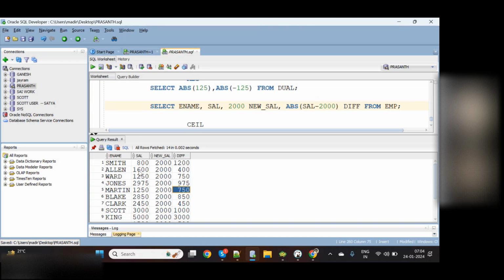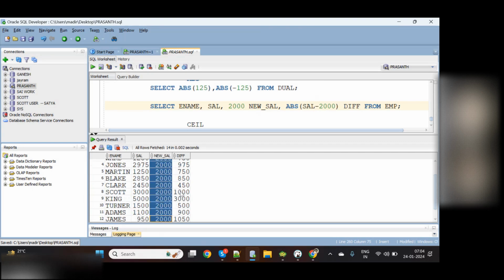Got it? So what is the difference between these two salaries? Whether it is negative also, it does not matter. If it is 450, that means plus 450, but the difference is 450, I want. That's all. Got it? Okay. Simply I hard coded the new salary, and from next month onwards, I am going to give you 2000.